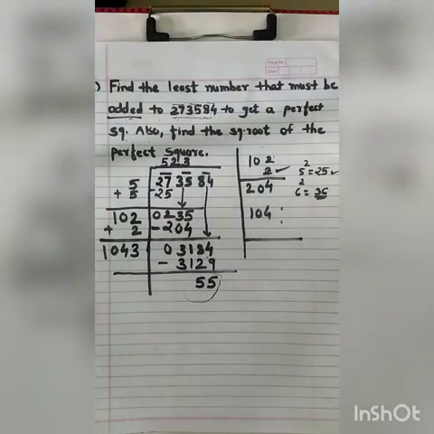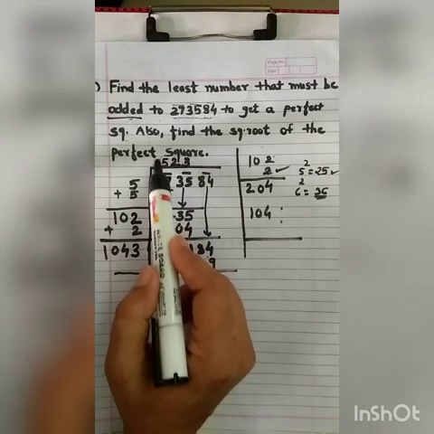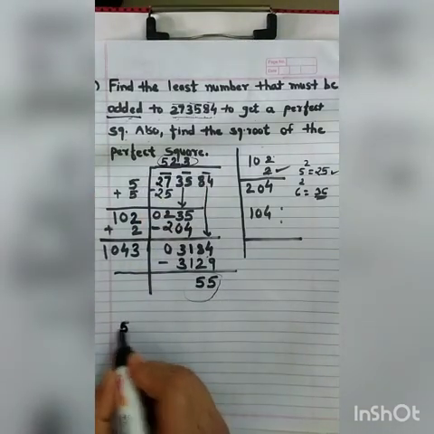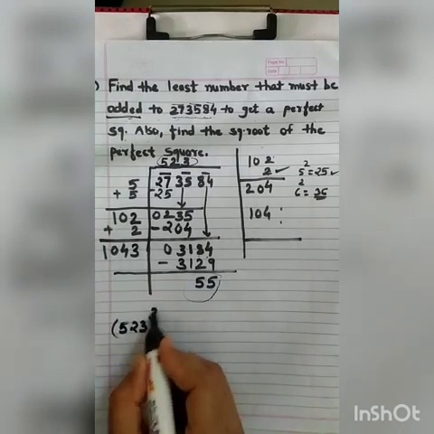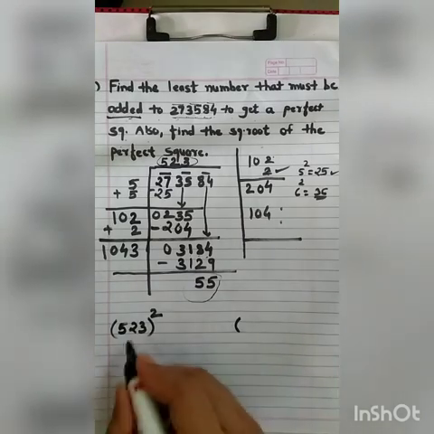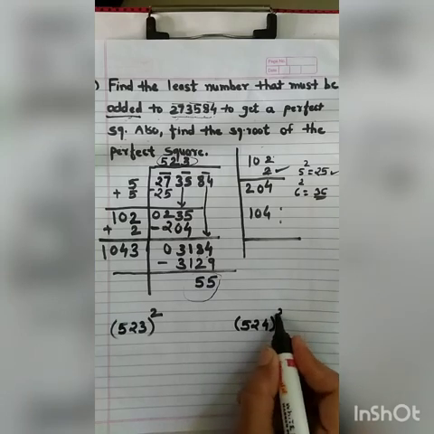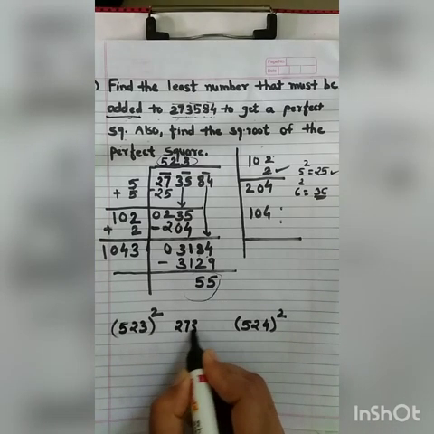So for addition type sums, whatever your quotient is, 523, take its square and the square of the consecutive number of 523, that is 524. So your number lies between these two.